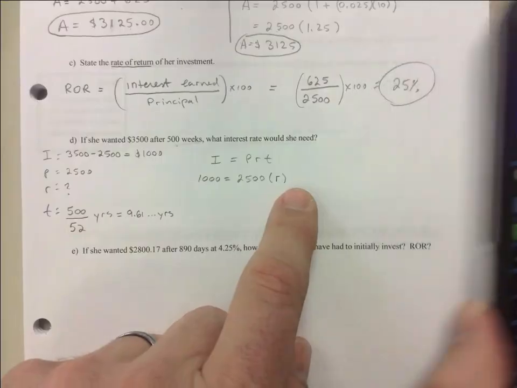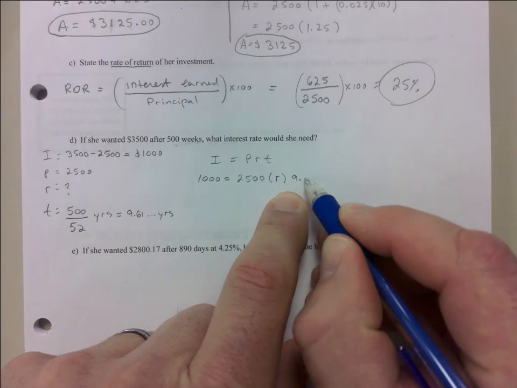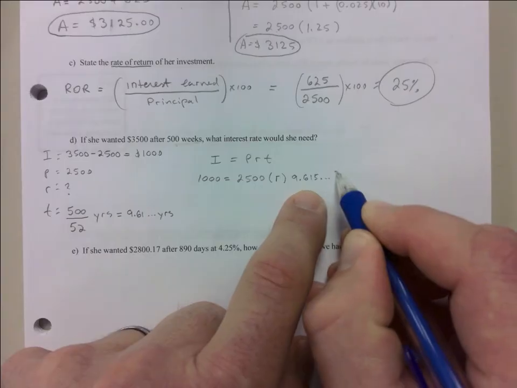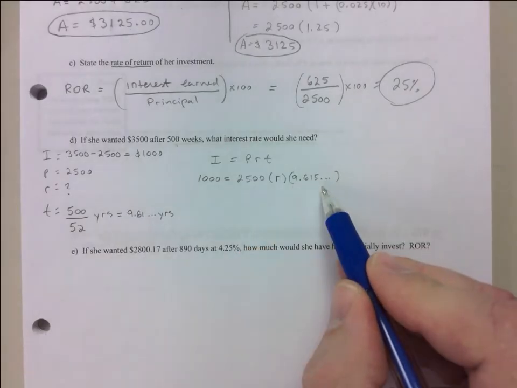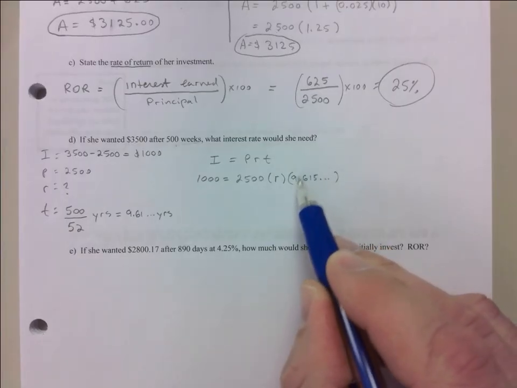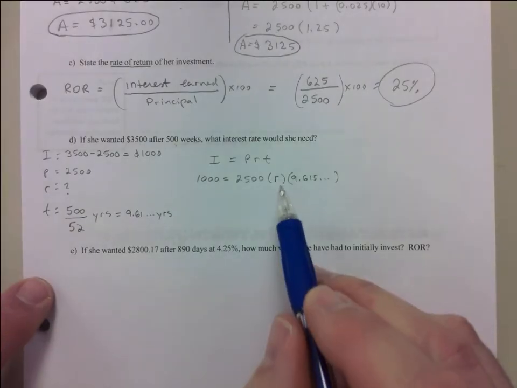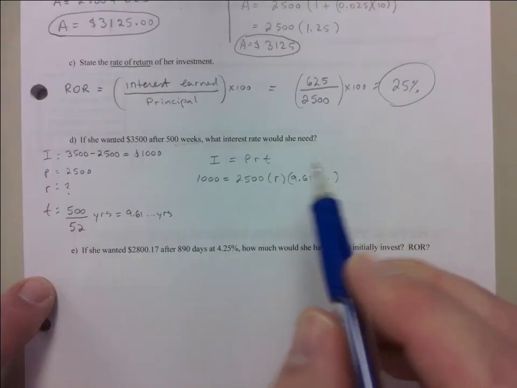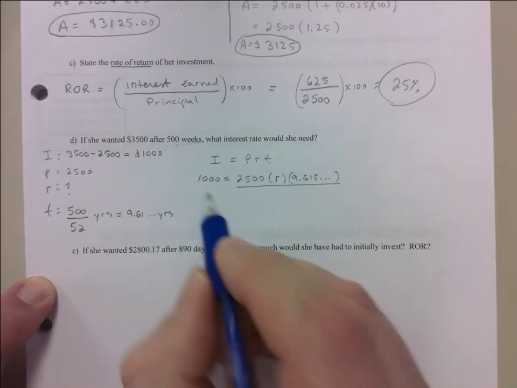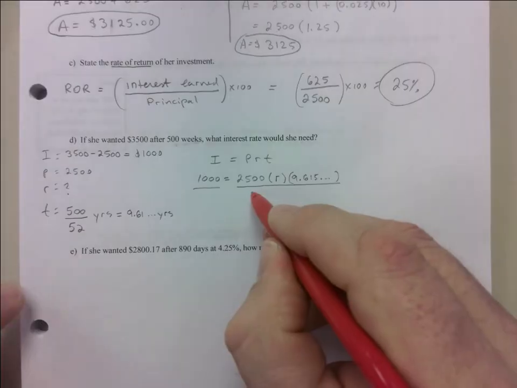So we put that in here for time. 9.615 something. I don't want you to round. That's the reason why I'd rather you keep it as a fraction. But if you're going to tell me I'm going to use all decimals, we're fine. What do we do now? We want to isolate R. So basically what I'm going to do is divide both sides by 2,500.